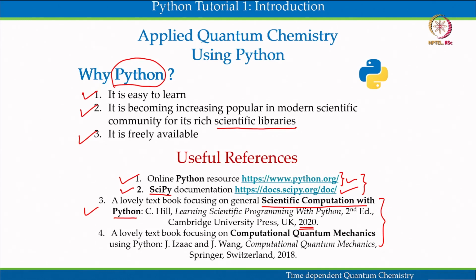On the other hand, the second textbook, Computational Quantum Mechanics using Python, has entirely focused on solutions or problems associated with quantum mechanics using Python. So I would encourage enthusiastic students to go through these two textbooks.